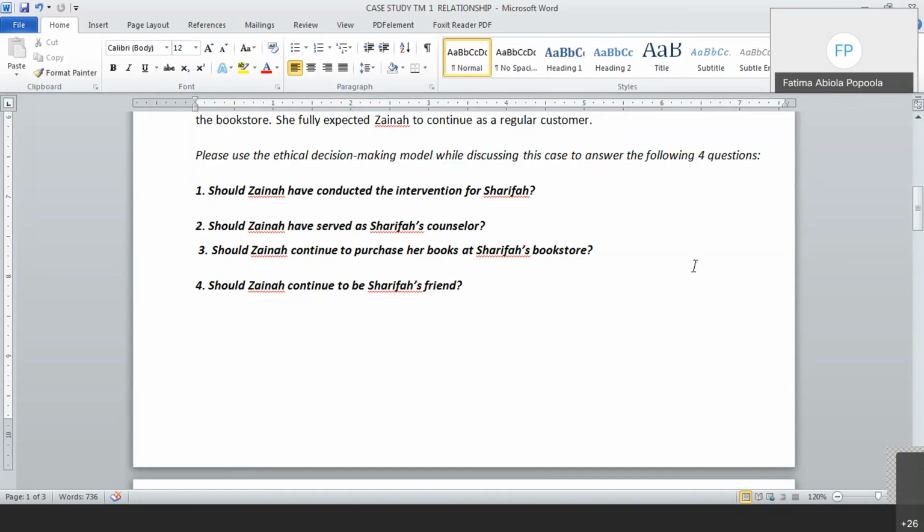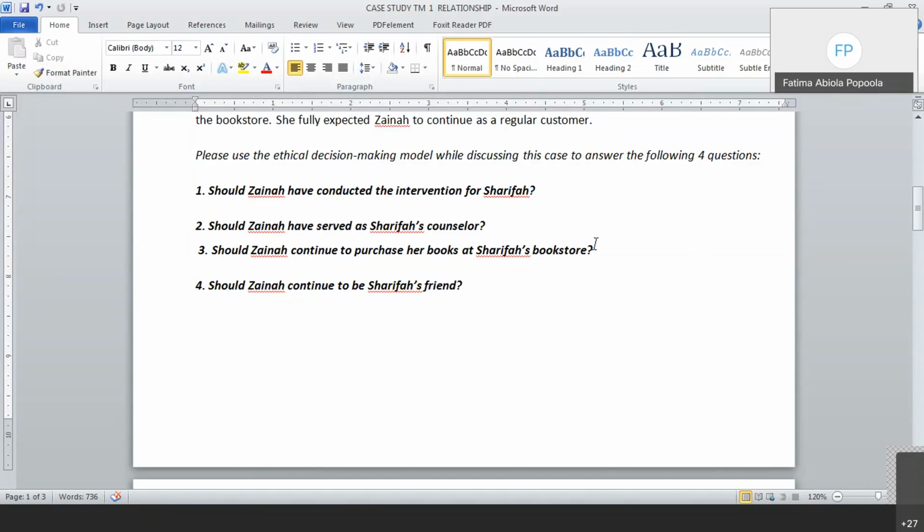As long as there is no exploitation, as long as the boundary is set, as long as there is consent. So I think Zaina can continue with the relationship if there is no alternative, as long as she can set the boundary. But she should stop doing business or going to their bookshop.